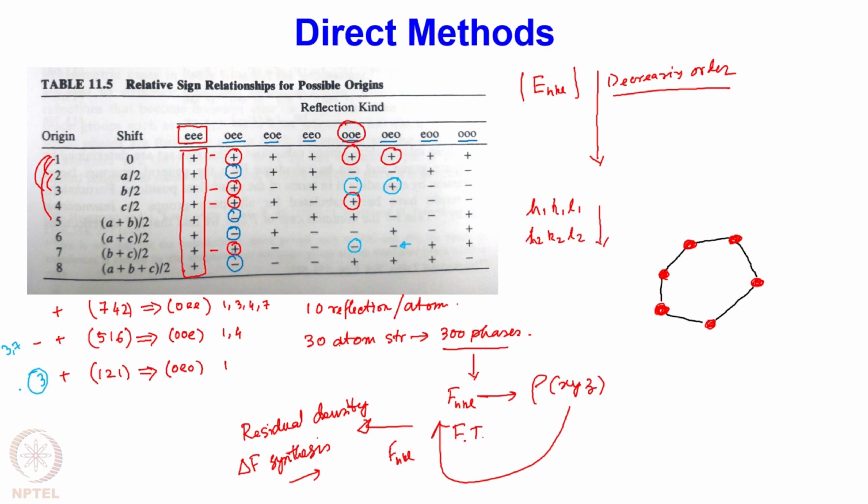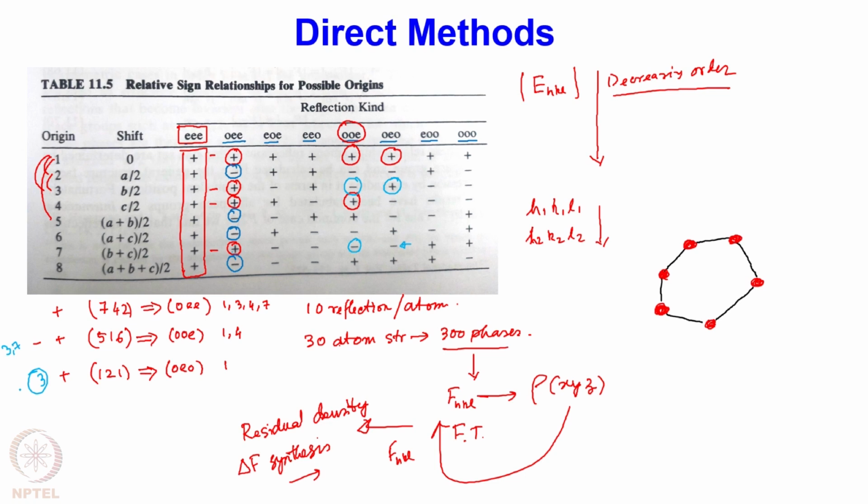So this method of guessing, doing Fourier transformation, getting the atom coordinates, trying to see whether it forms a molecule or not, going back and reassigning the phases, changing the phases from plus to minus for centrosymmetric structure is done by a computer program.